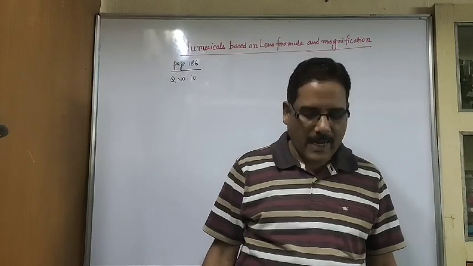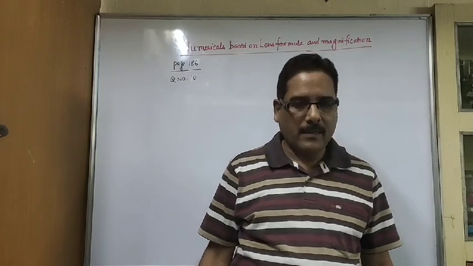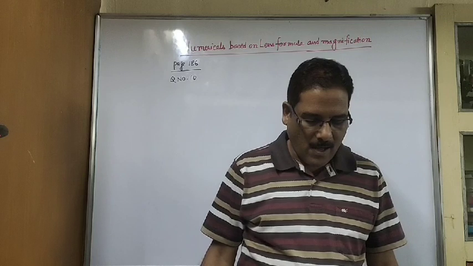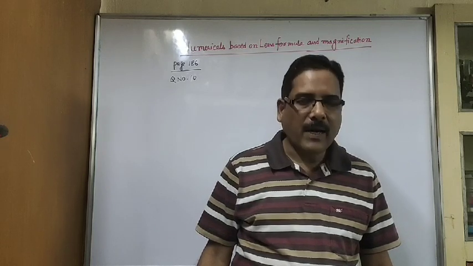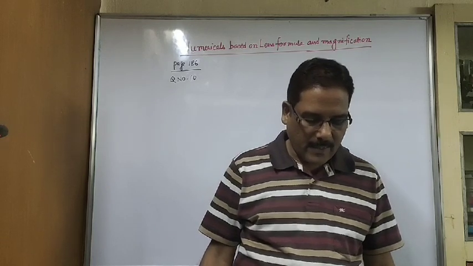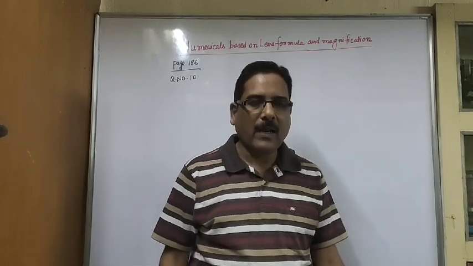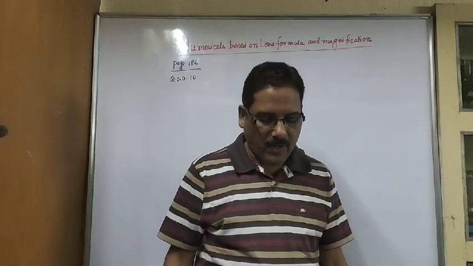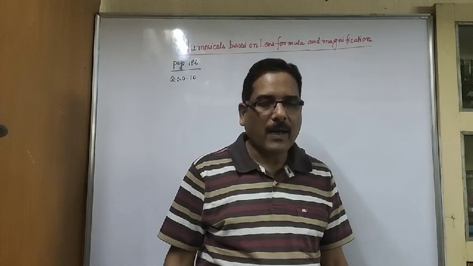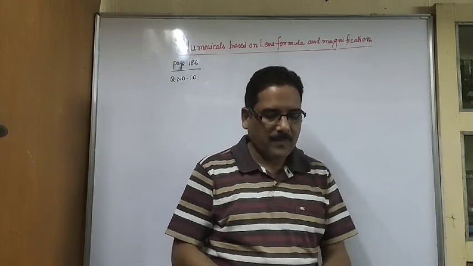An object 5 centimeter in length is held 25 centimeter away from a converging lens of focal length 10 centimeter.